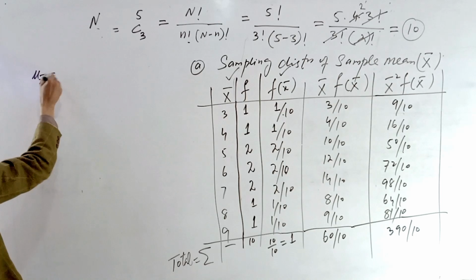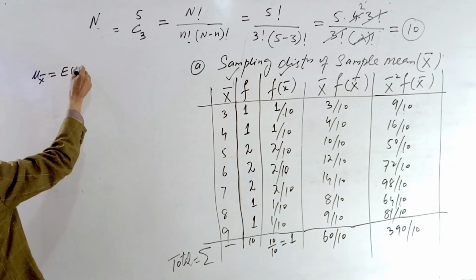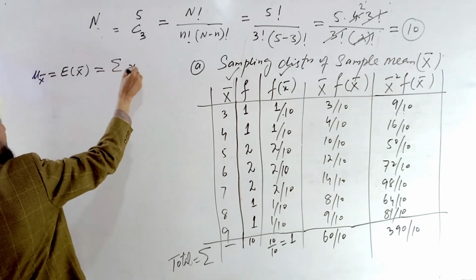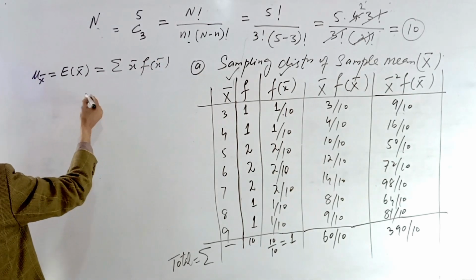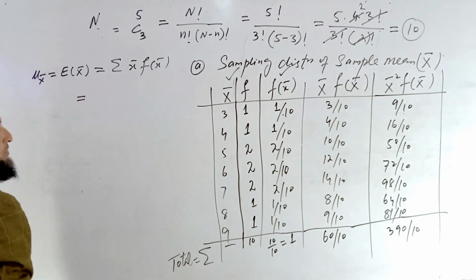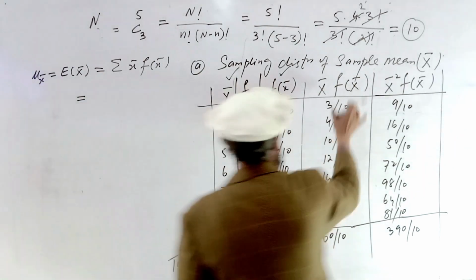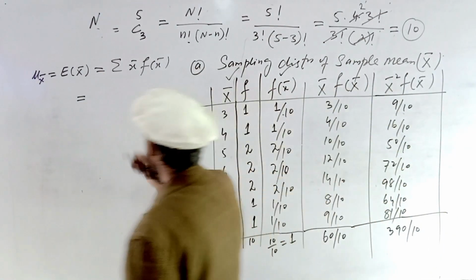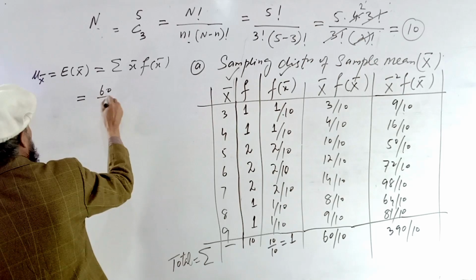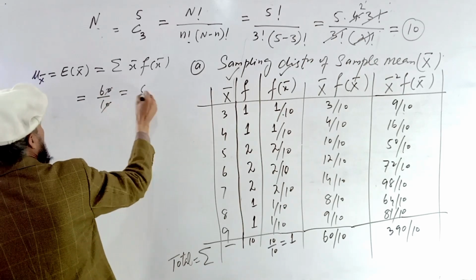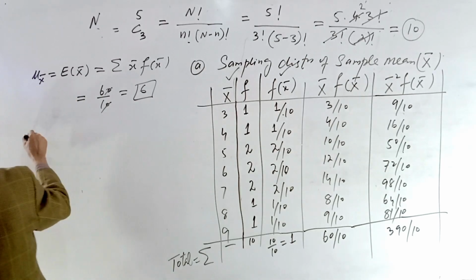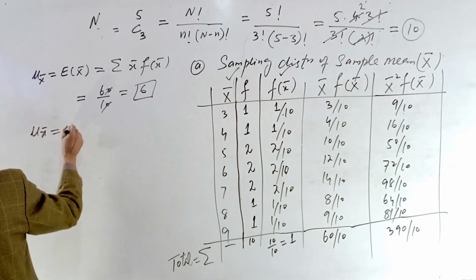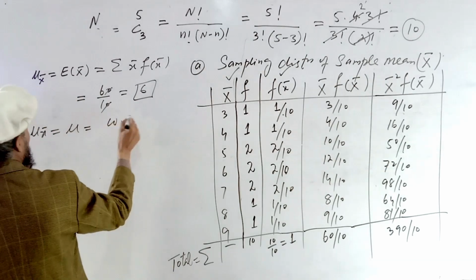The mean of x bar is equal to the expected value of x bar, equal to summation x bar f of x bar. We already have this column, 60 divided by 10, so the result is equal to 6. Now we check this property: mean of x bar is equal to the population mean in the case of without replacement.